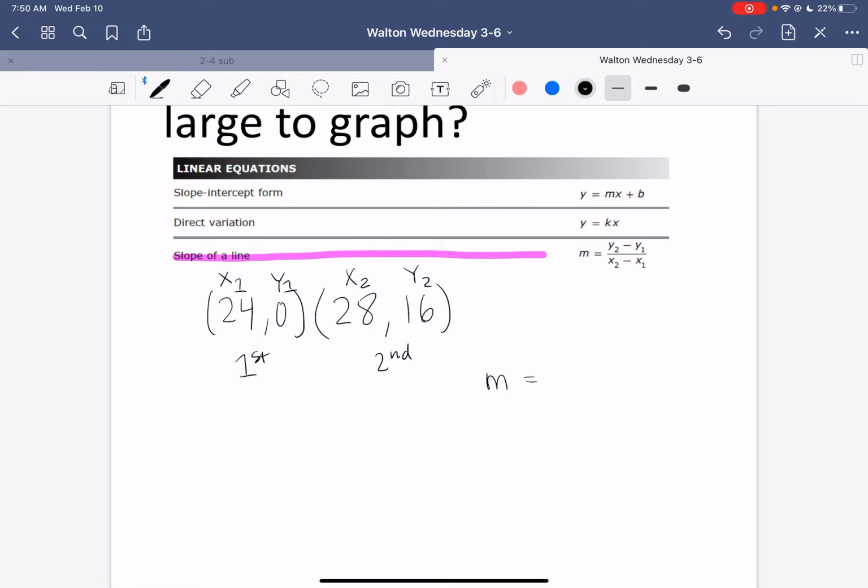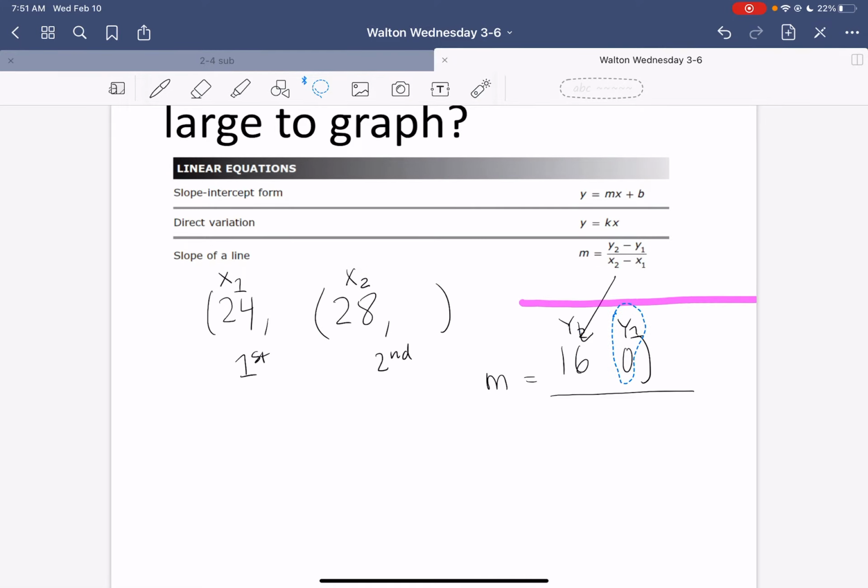So I have my formula here. So I'm going to draw my line, and then I'm going to take my y2. So I'm going to just show you exactly what I'm doing. I'm going to just, with my little tool, so obviously you won't be able to do this, take my y2, and I'm going to place it here. And then I'm going to take my y1, which is right here.